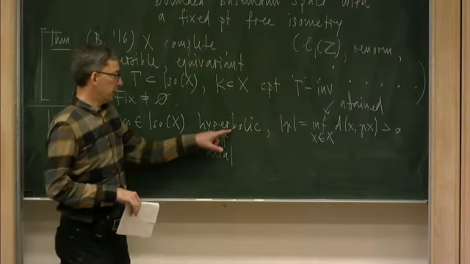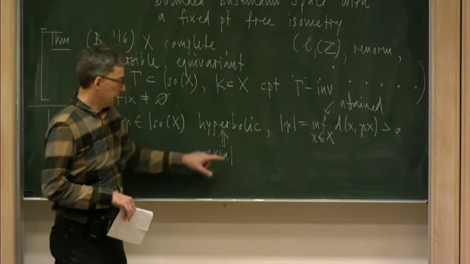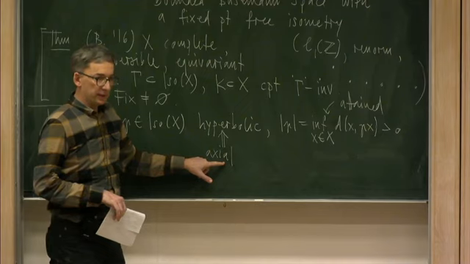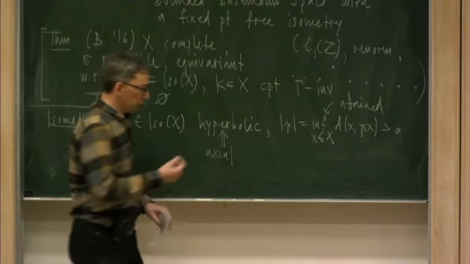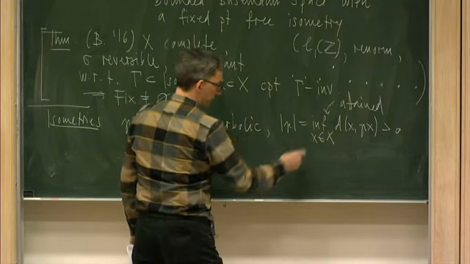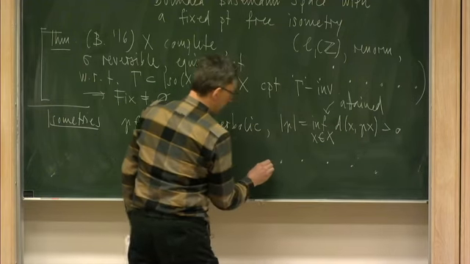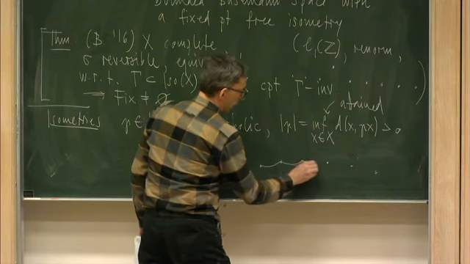But when is it true that hyperbolic, as defined here, implies that there is an axis? Well, for CAT(0) spaces, you take a point where the inf is attained, take the orbit, now connect the dots.